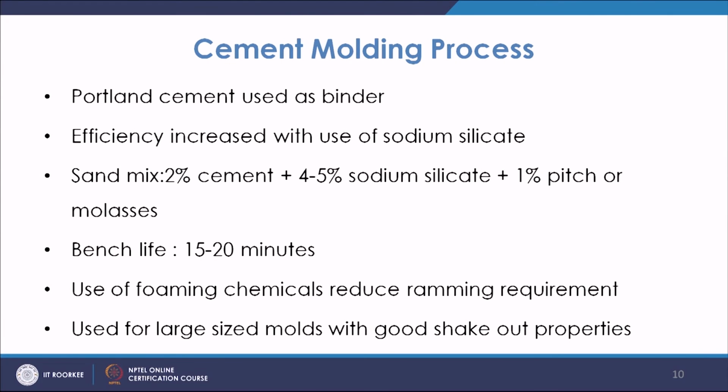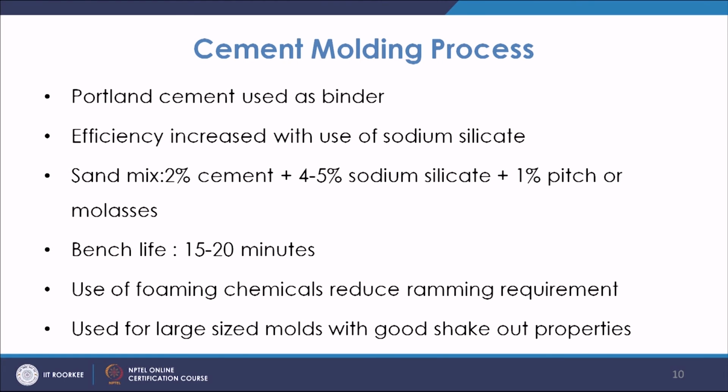In that you have sand mix with 2% cement plus 4.5% sodium silicate plus 1% pitch or molasses to give the specific property, and in this case you get a cement mold which has a bench life of about 15 to 20 minutes.